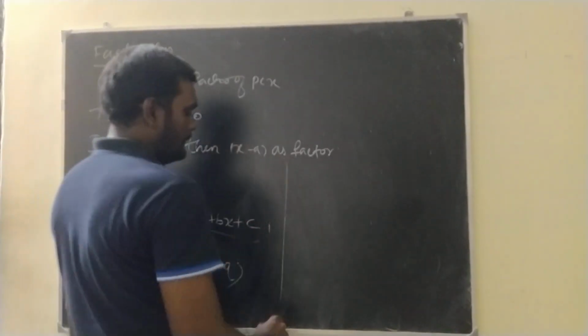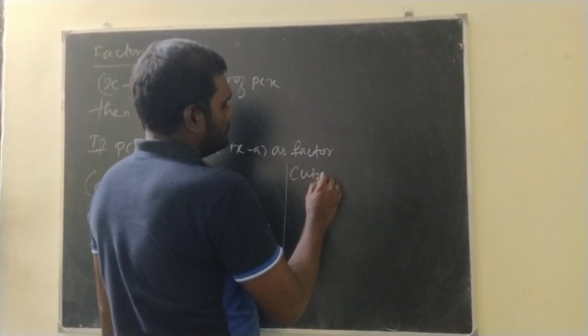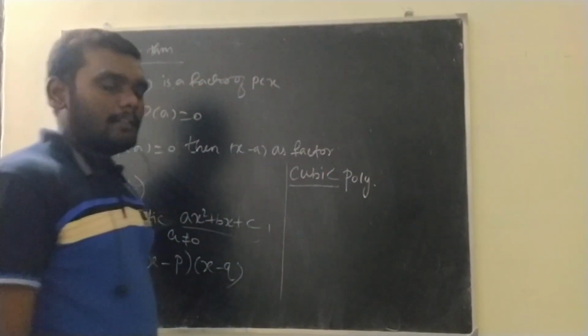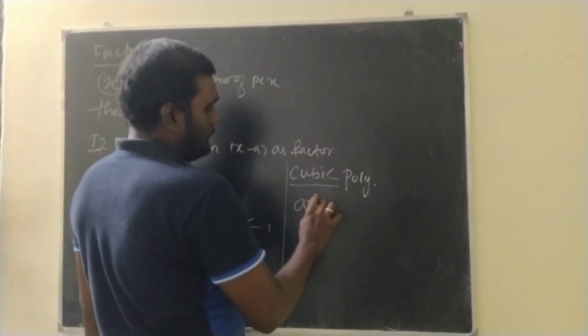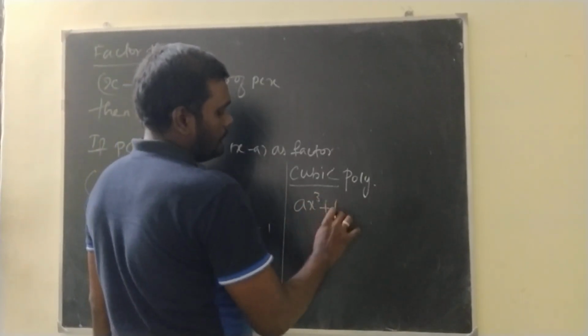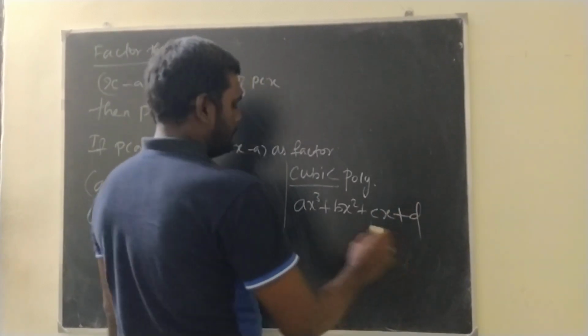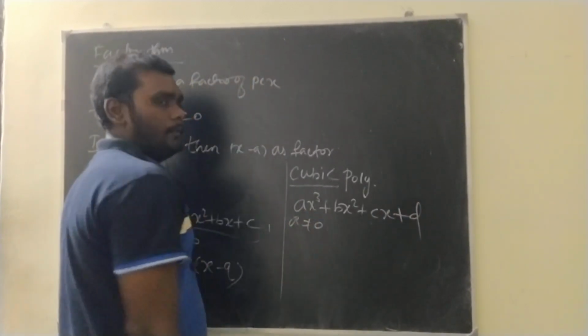Now, the third one is cubic. That is in the general form ax cube plus bx square plus cx plus d, in which a is not equal to 0.